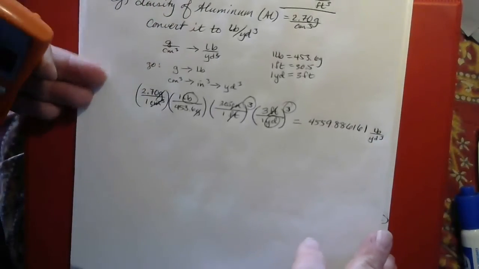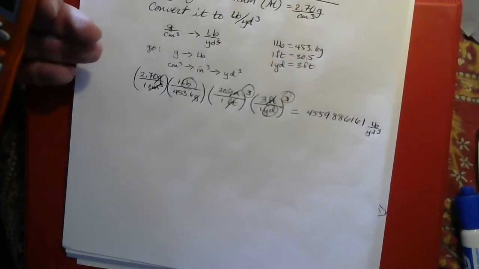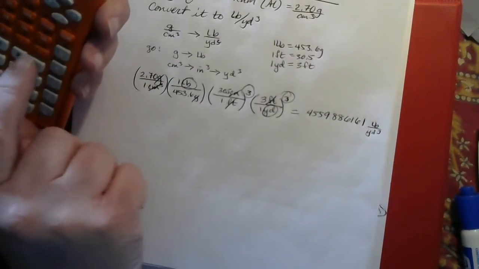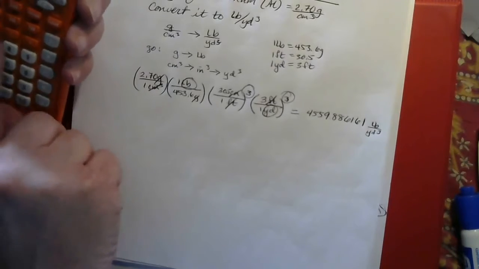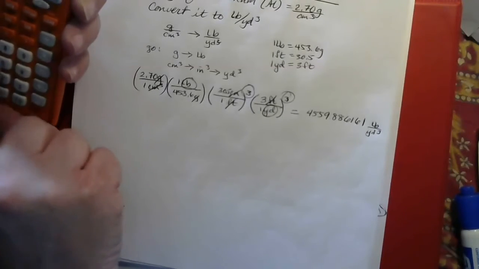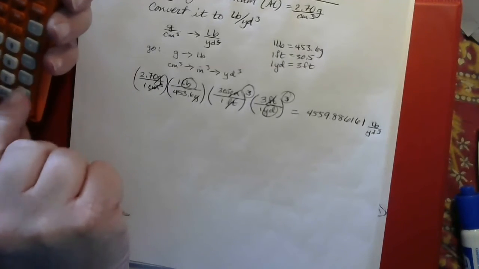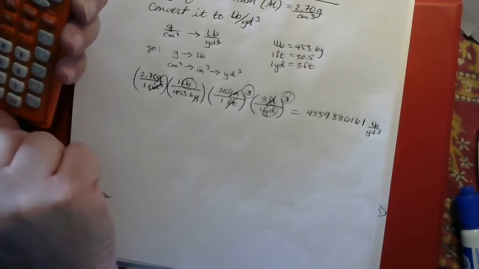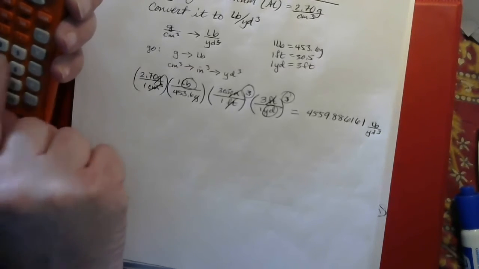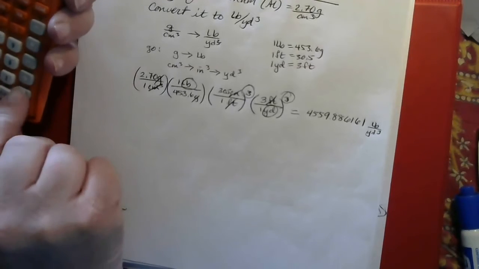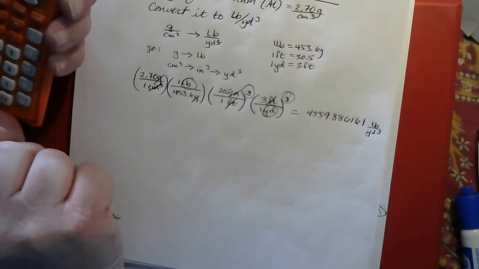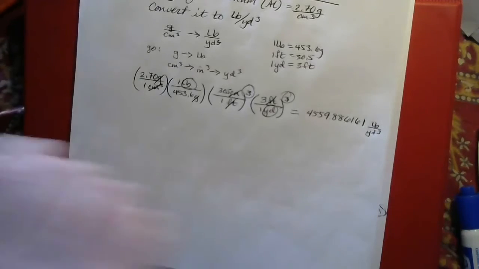That's a little more than I expected, but a cubic yard is a really large volume. So let me just check the math again to be sure that's really what it should be. 2.70 divided by 453.6 is this, times 27 gives us, yep, that's it.